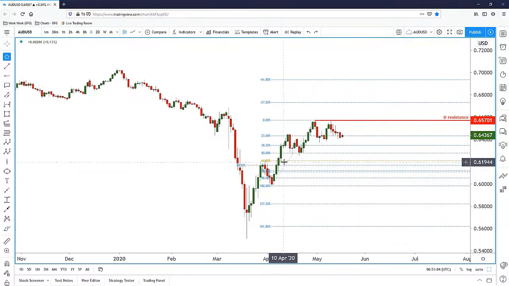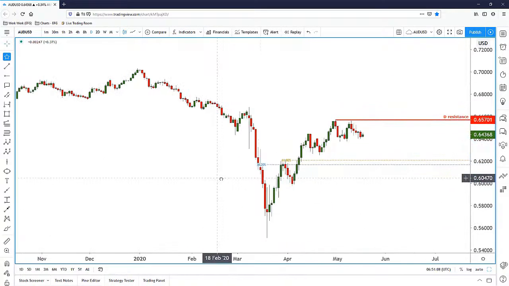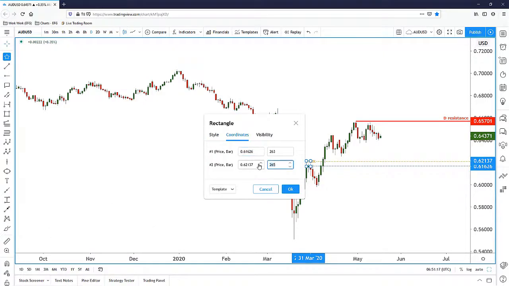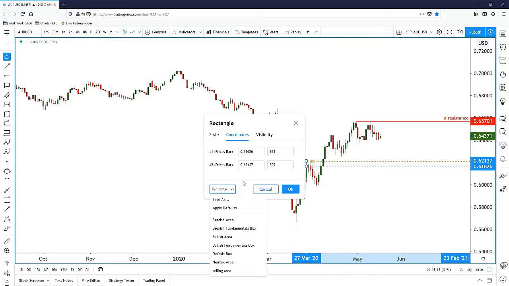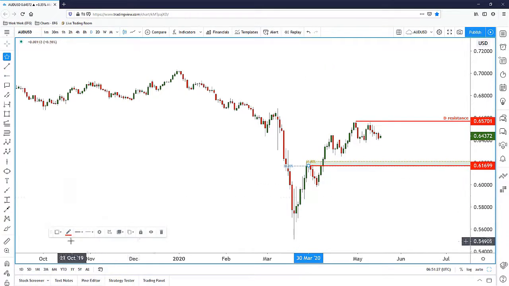So let's just remember that this could very well be a daily support zone. Right, so let me just put it in there. All right, and then let's put the line for the daily support.